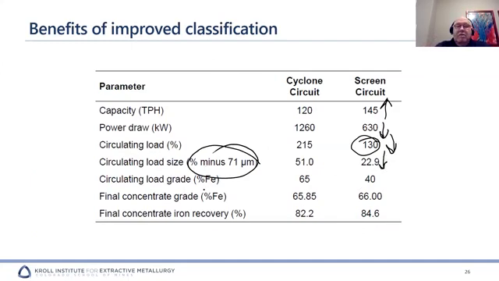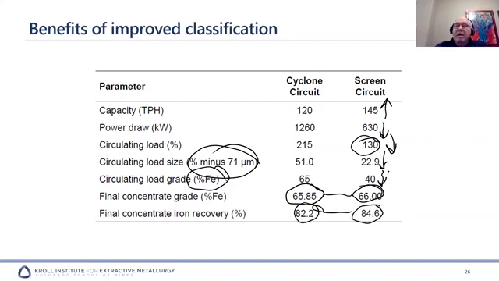The percent grade of the circulating load, how much iron was in the circulating load, which you don't want, went down. The concentrate grade remained the same, and the iron recovery went up slightly.